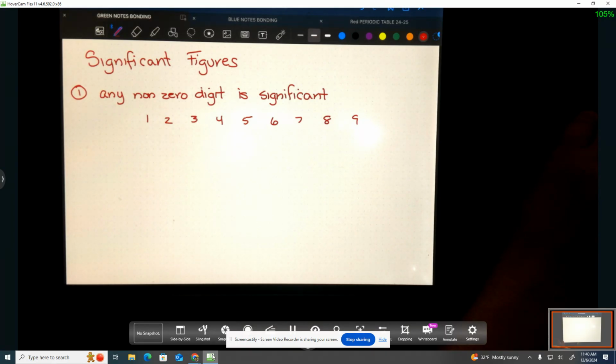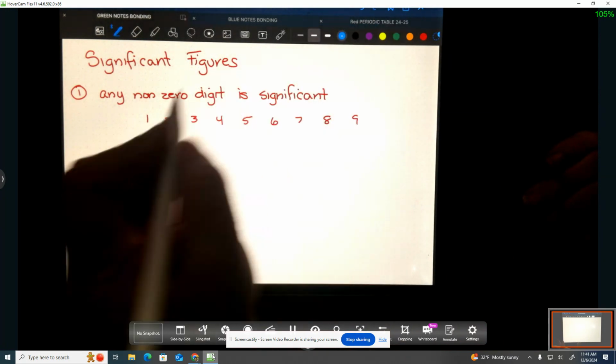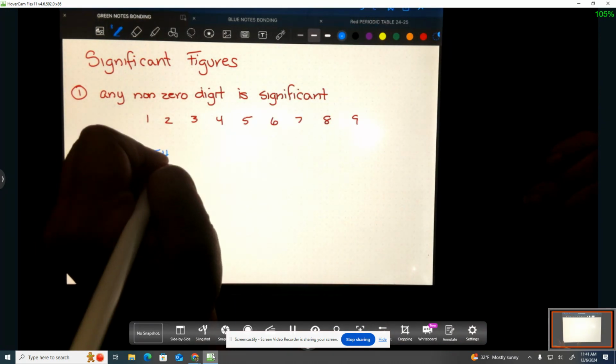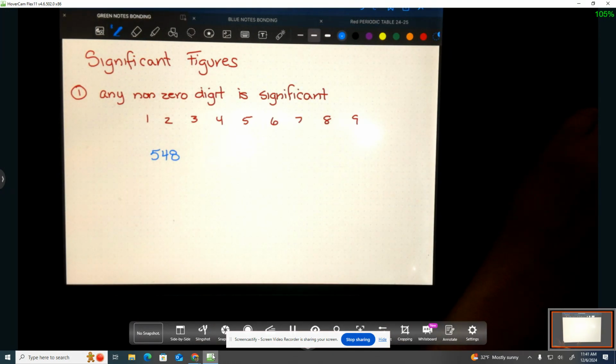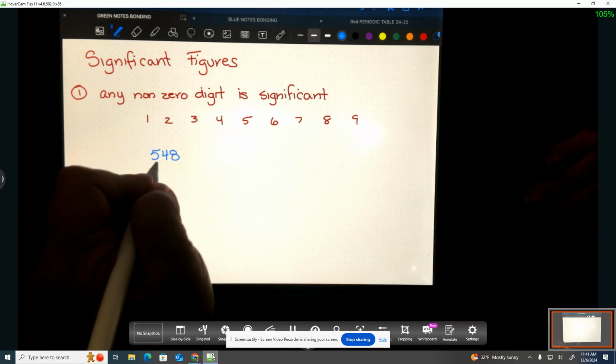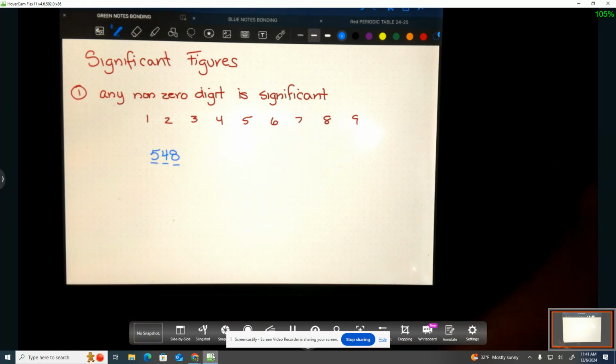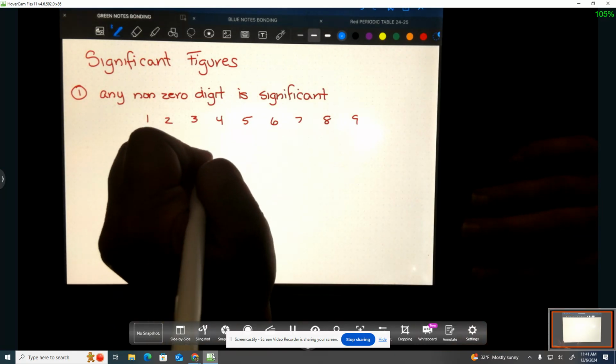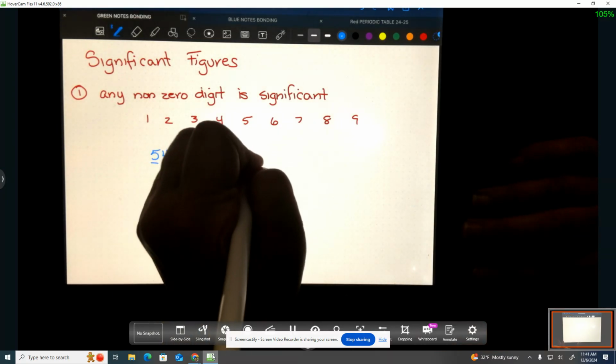If you see them written down, they're counting. So if I give you an example like a number like 548, how many significant digits are in that number? 3. The 5 counts, the 4 counts, and the 8 counts. So this has 3 significant figures.